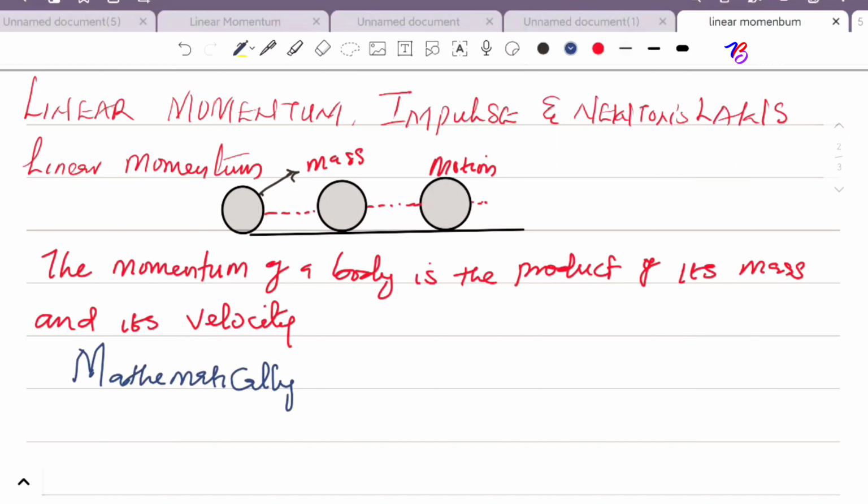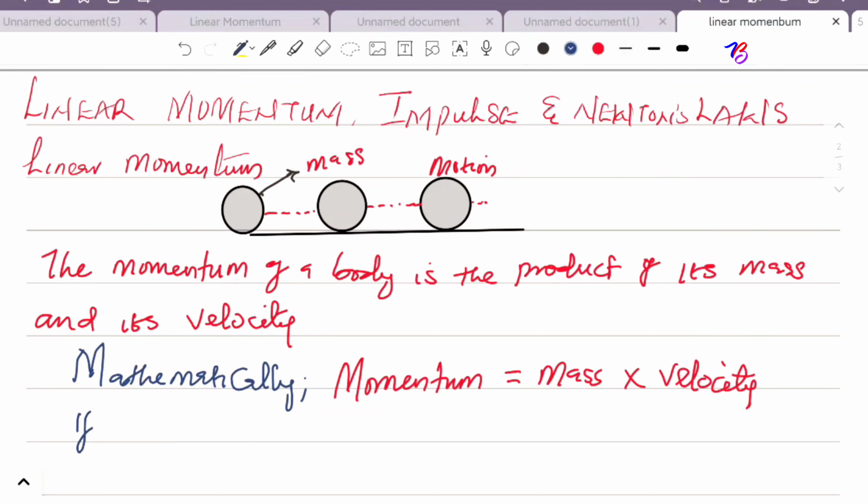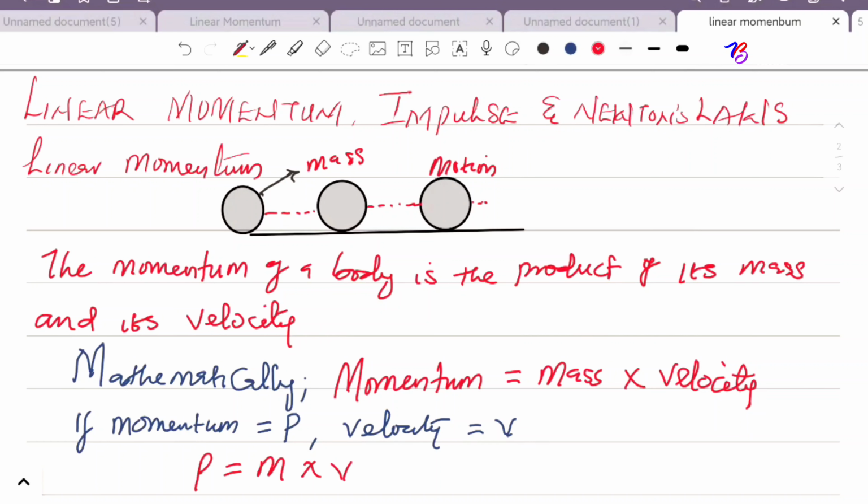So let's represent that mathematically. We know that momentum is a product, so momentum will equal mass times velocity. Is that clear? If momentum is represented by P, as most textbooks use the letter P, and velocity equals V, then P is equal to M multiplied by V. Please take note of this formula in physics.